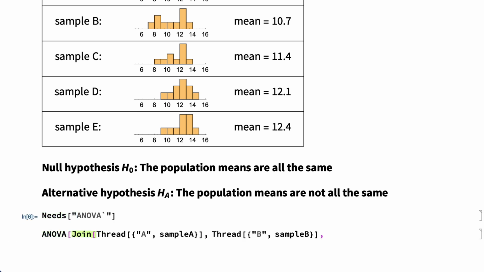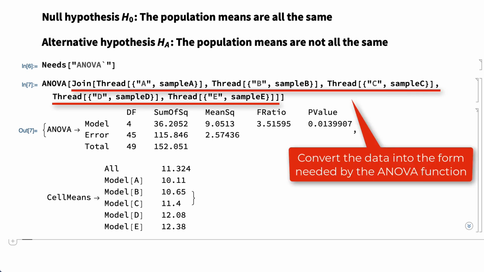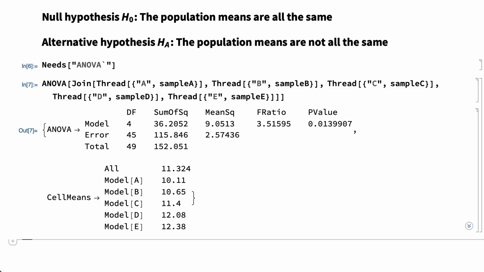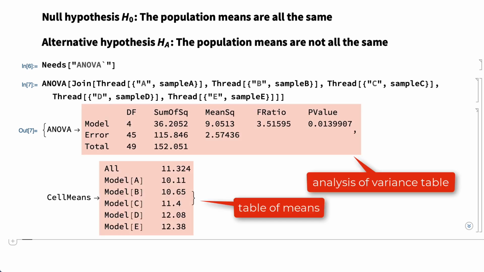This input uses the ANOVA function to do the analysis of variance hypothesis test for this data. ANOVA stands for Analysis of Variance. The first argument in this input converts the data into the form needed by the ANOVA function. The result includes a table called an analysis of variance table and a table that gives the means of the samples and the overall mean, sometimes called the grand mean of all of the data.